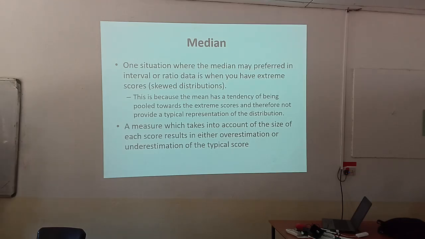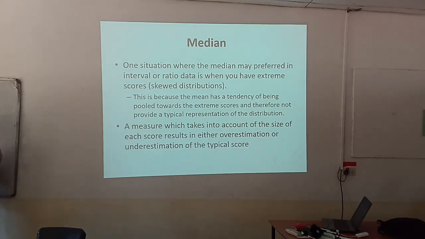If your data set is distributed like that, you know that the majority of the students are within that area. Okay? But there are a few students who have performed exceptionally higher than this.